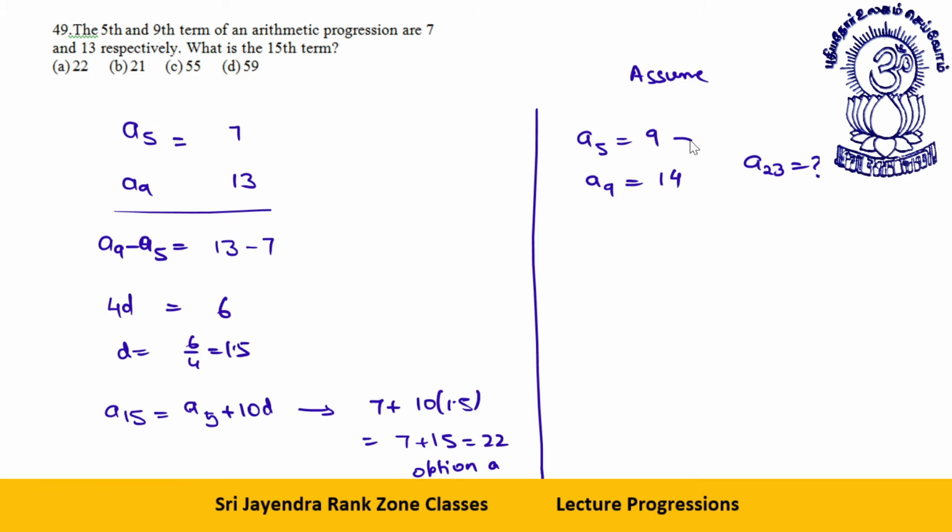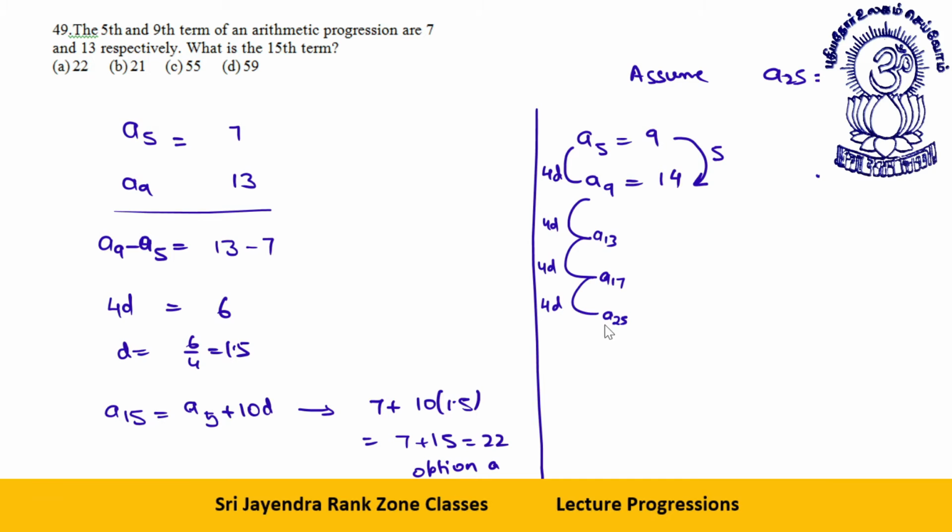From A9 to A13, I move by 4D. I should have taken A25; I don't know why I wrote A23.